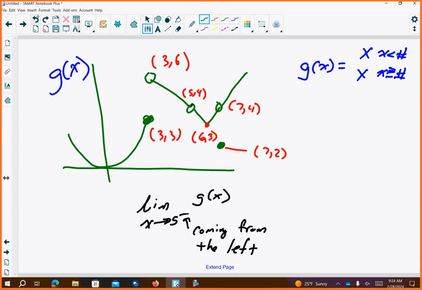So my limit is 4. As I come from both directions, am I getting to the same hole? Is that the same hole?